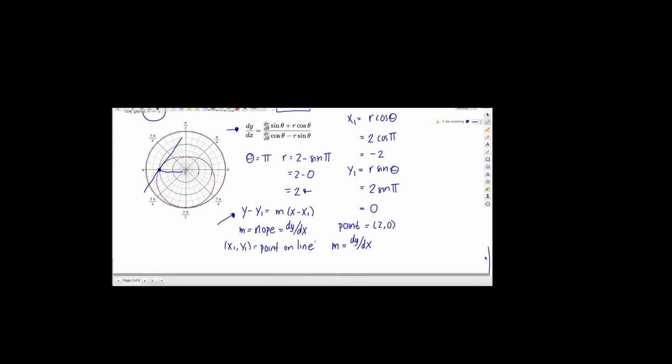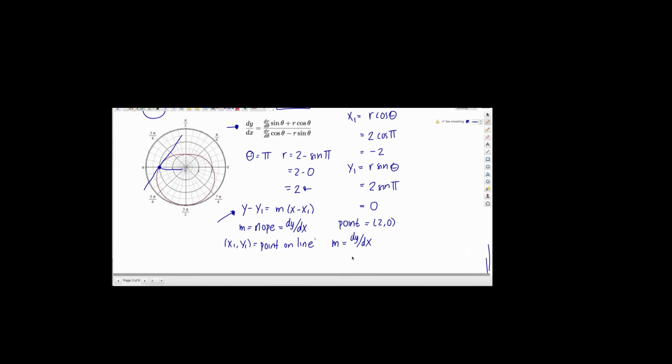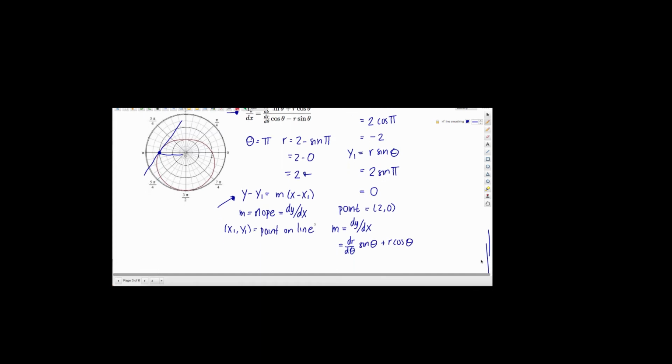So let's go ahead and plug in here and figure out what our dy/dx is going to be. So I'm just going to write it down again. So we're going to get (dr/d theta sine theta plus r cosine theta), and all of that is over (dr/d theta cosine theta minus r sine theta).